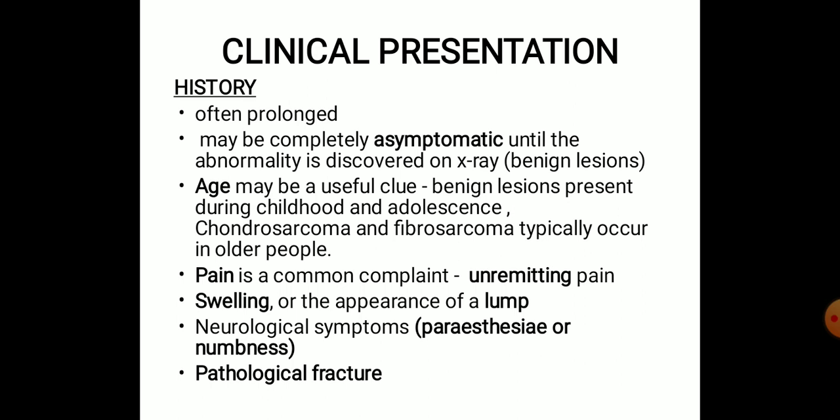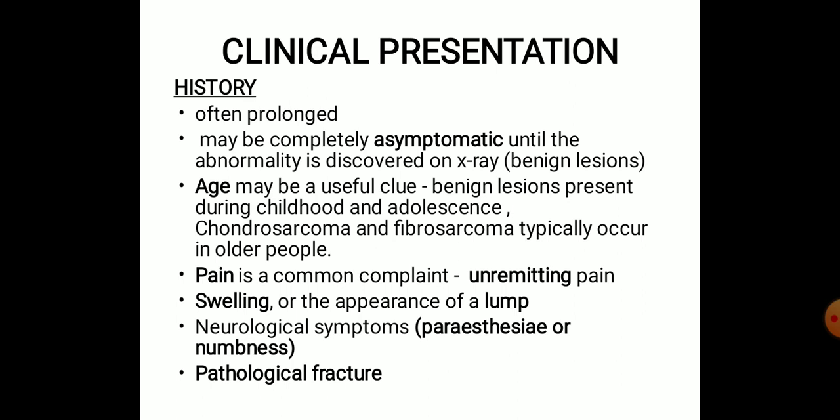Chondrosarcoma and fibrosarcoma typically occur in older people. There are some other bone tumors which are mainly seen in childhood. So that's the importance of age when we are assessing the patient with clinical signs and symptoms of bone tumors.